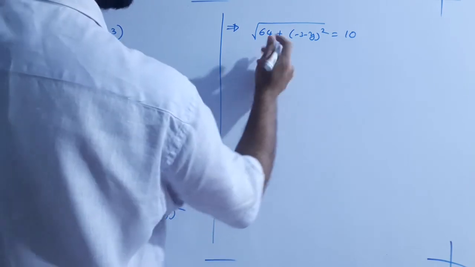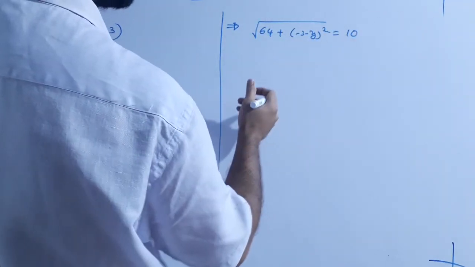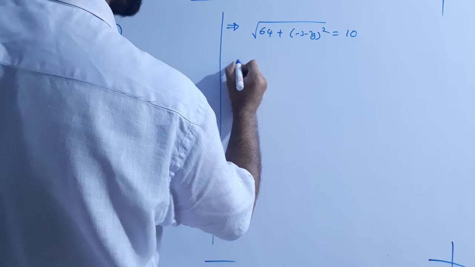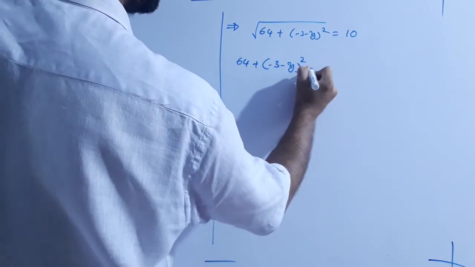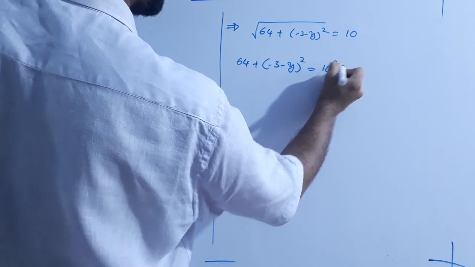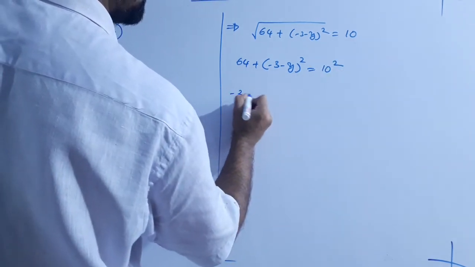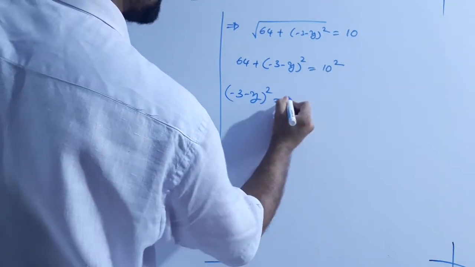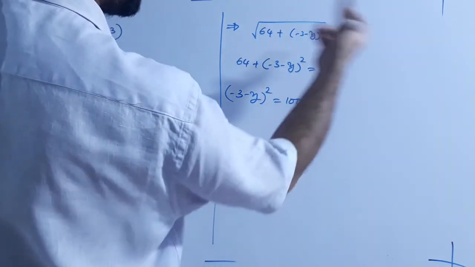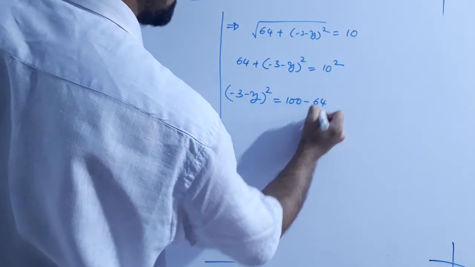The root transposed over there becomes square. Therefore 64 plus (minus 3 minus y) whole square equals 10 square, which is 100. Again 64 transposed over there becomes minus 64.